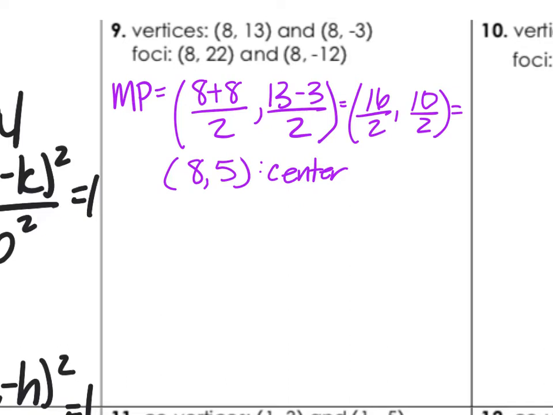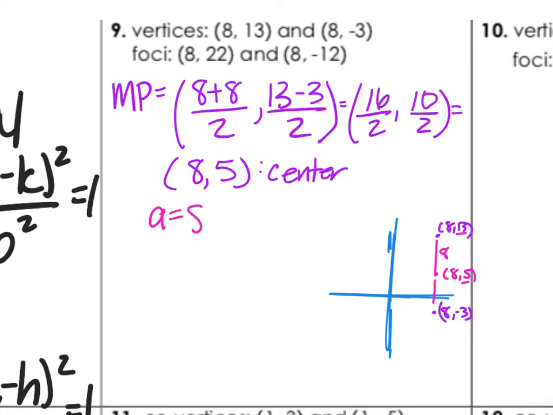And that will give us both the direction of the hyperbola, and it will give us A. Now, as you can see in this little sketch here, I have sketched out the 2 vertices in purple and the center in pink, and we can see that the distance here from the center to the vertex is going to be 13 minus 5, and the same thing works here, 5 minus negative 3, so that's going to be 8. So A is 8.